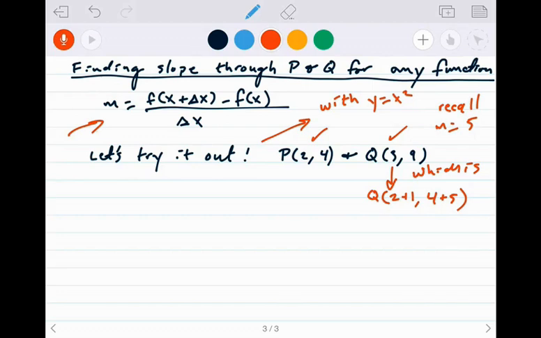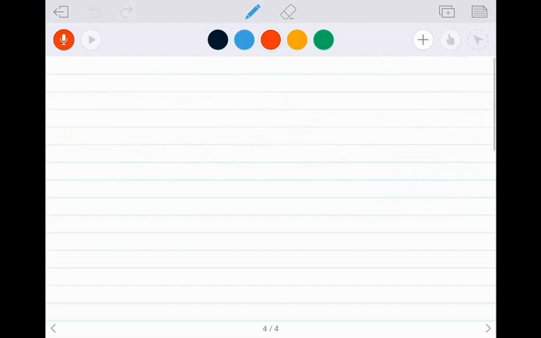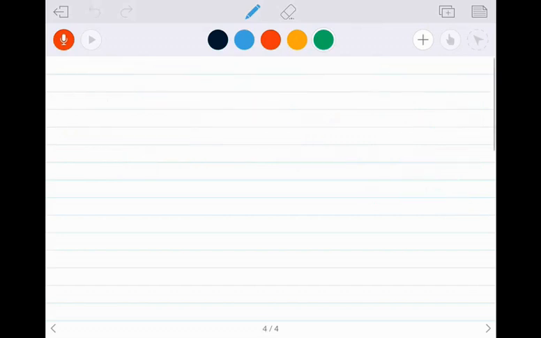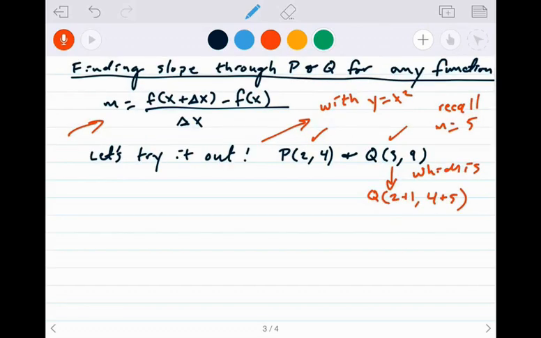So we've got P and Q here. For P, our x is 2, and our y is 4. And Q here is x plus delta x. This is our delta x, and this is our delta y.